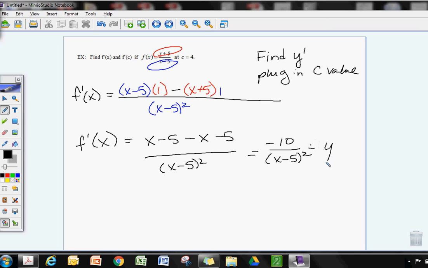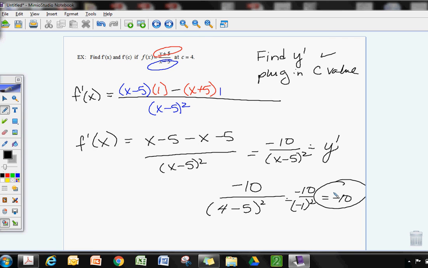That is my derivative. Find the derivative. Check. Plug in the c value. Okay, so I'm going to get negative 10 over, the c value is 4, minus 5 squared. Negative 10 over negative 1 squared. My answer is negative 10.